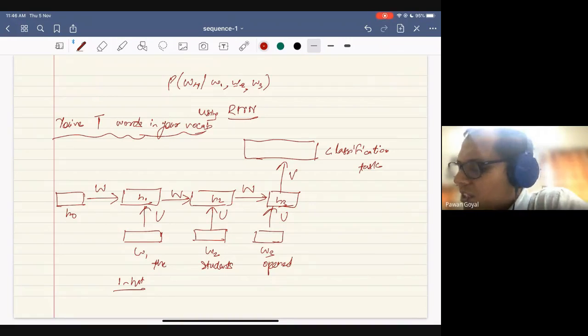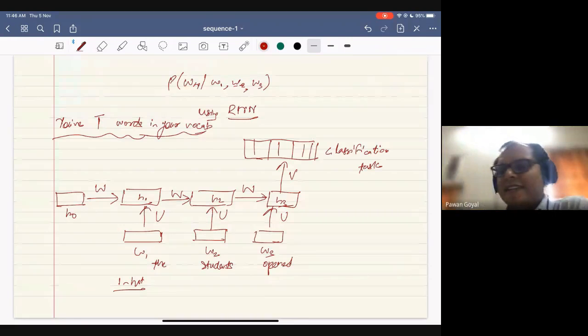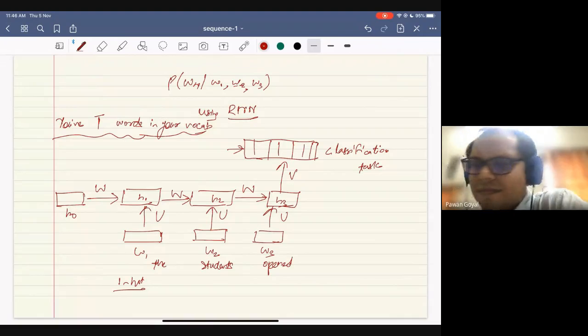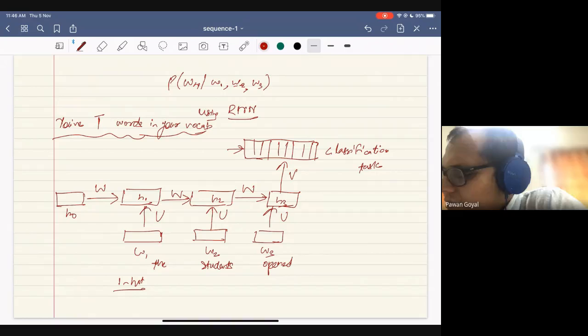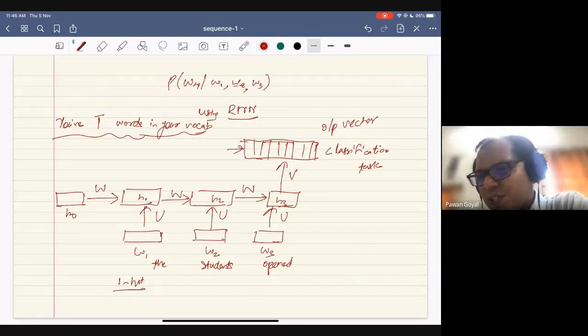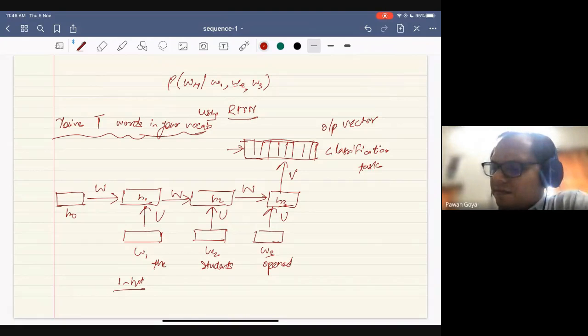Now, what is the dimension of this matrix that I am taking at this point? Say this particular vector, this output vector. What is the dimension of this output vector? What does it depend on?